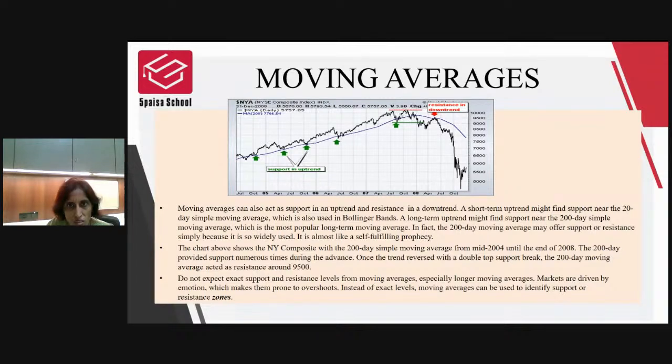The moment you observe that it's going up and then starts falling, the moving average starts falling after this long overhaul increase, it indicates that the stock has reached its resistance and most likely from there on it is going to fall. So moving averages can also be used as a very important tool to see what the support level and the resistance level are.